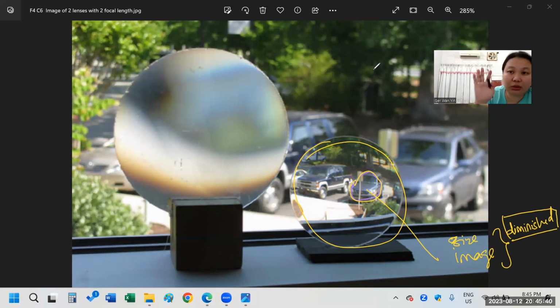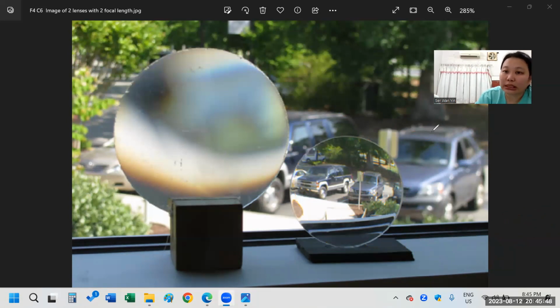Later we will use this word many times. Now I just want you to understand what is the object and what is the image.